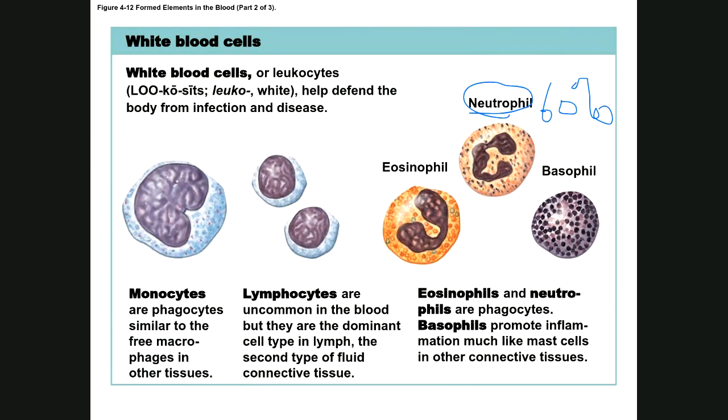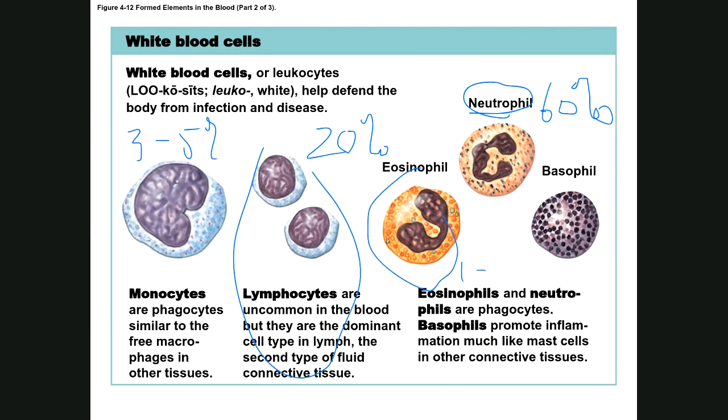Lymphocyte, which is these right here, constitutes about 20%. The monocyte has about 3 to 5%. And the eosinophil, this one right here, has 1 to 3%. And the least amount of cell is this one right here, called the basophil, which has less than 1%.